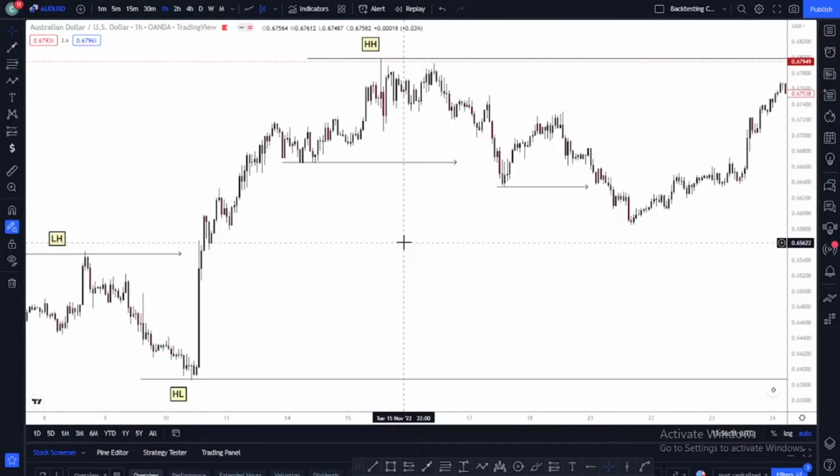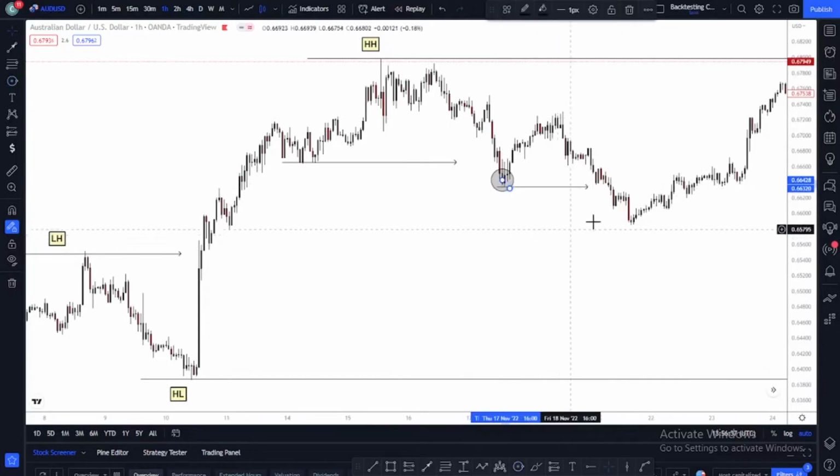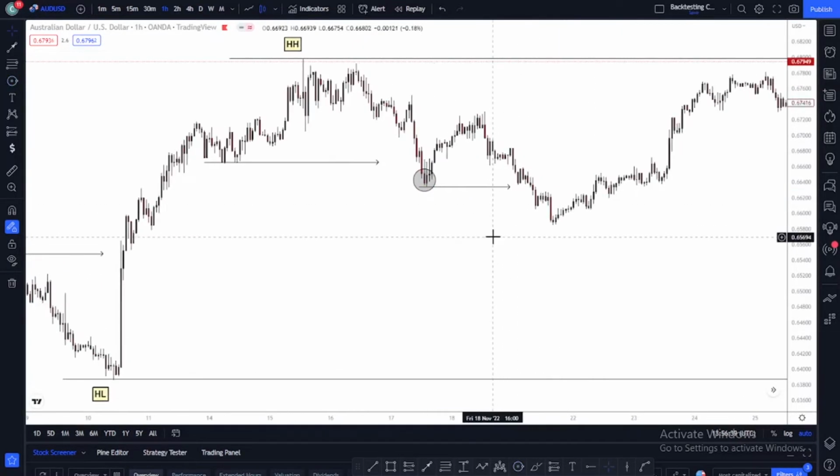So after price created this lower low, what do I do next? We all know after price breaks structure, price is going to retrace. We all know from our previous videos that when price breaks structure, it retraces. It gives us a discount. The retracements can also be considered as a discount.